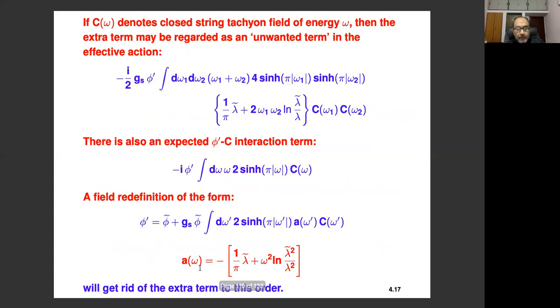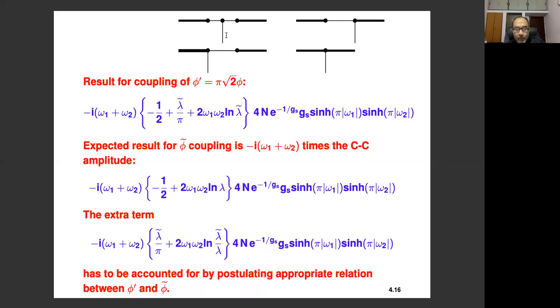Okay, so let me proceed. Let's suppose that C denotes the closed string tachyon field of energy omega. Then the extra term is an extra term in the CCO amplitude. So this can be regarded as some unwanted term in the effective action that couples 2 C's and 1 O. That's what would explain the extra term.